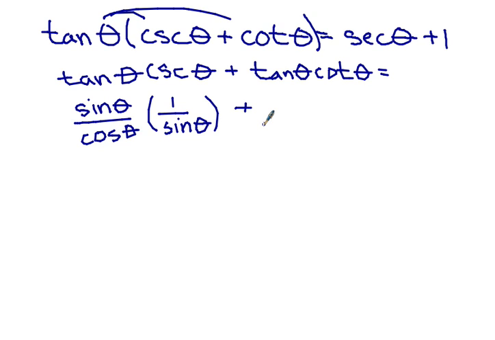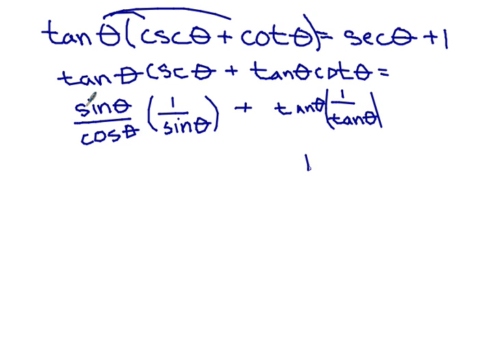Tangent times cotangent is just 1, because we can think about cotangent as 1 over tangent if we want, or you could switch it into sine and cosine if you want. But either way, no matter how we adjust these, this is going to turn into 1. Okay?